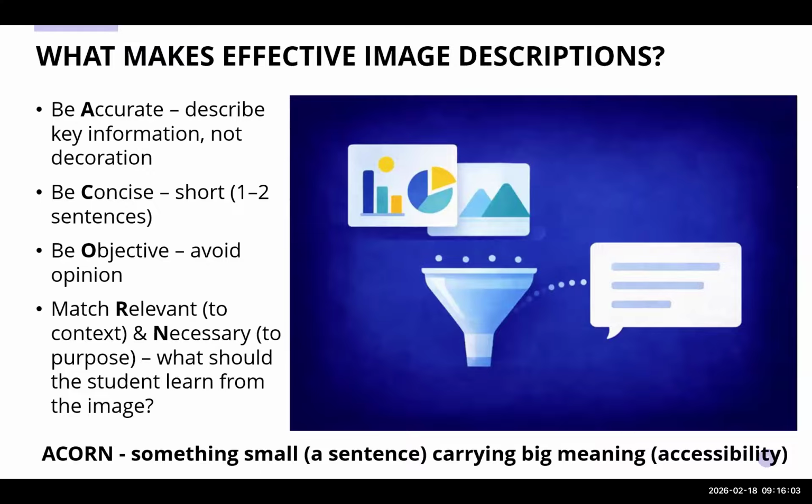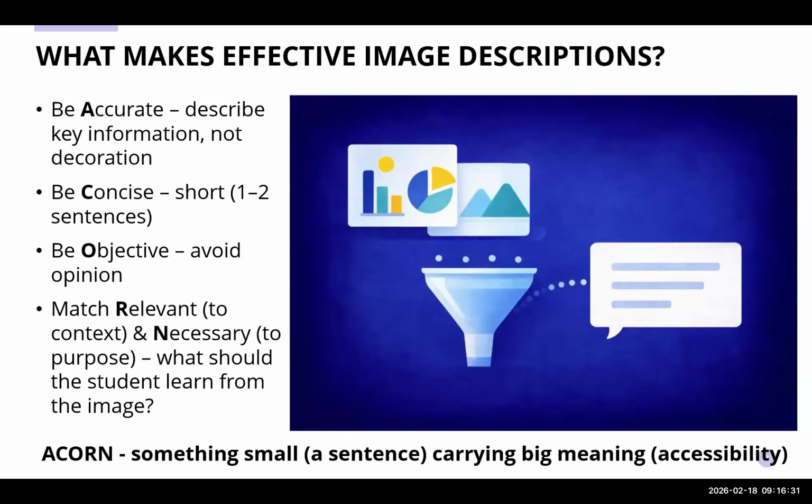So first, let's look at accuracy. Focus on the key information that matters to your lesson, not the decorative frame or background colors, unless they are part of the story. Now, if you are showing a painting to explore social class, for example, describe what reveals class, like clothing, posture, or settings.